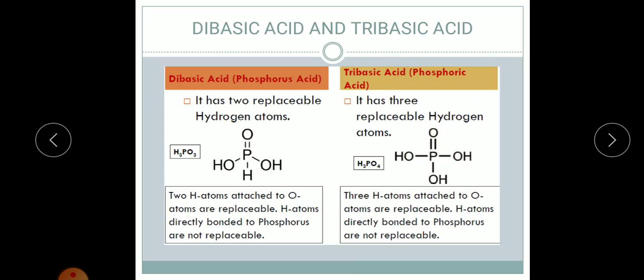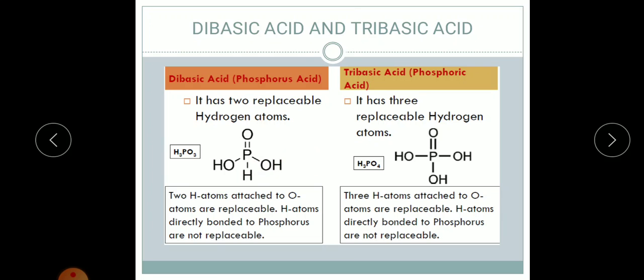Now for the examples of dibasic and tribasic acids, we have taken the dibasic acid H3PO3. In H3PO3, 2 hydrogen atoms are combined with oxygen atoms, so they can be replaced. Because of that, it is a dibasic acid.